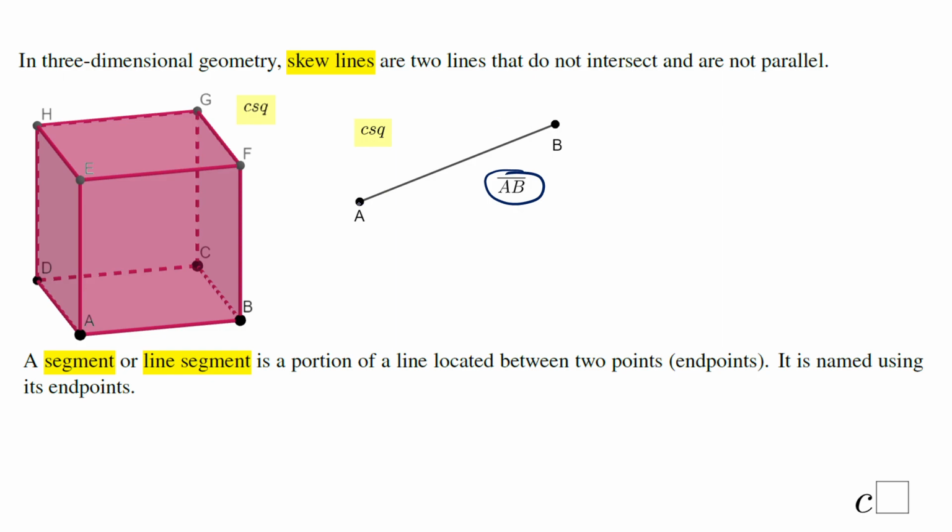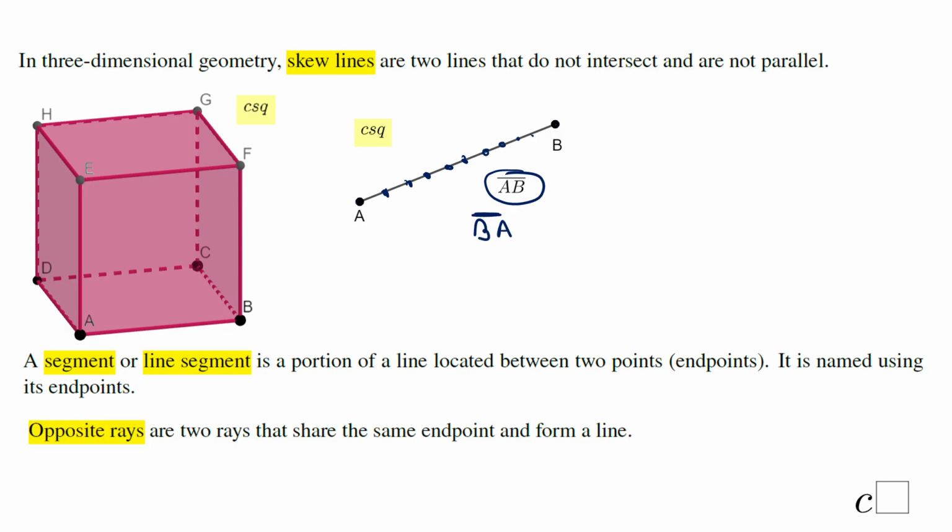We can name it using 2 points, AB, only these 2 points, no other points. These are the endpoints. However, on this line segment you have an infinite number of points. Very similar with the line, you have more than 2 points, but we name it using 2 points. And this one is segment AB, and you are not wrong if you say segment BA is the same segment.